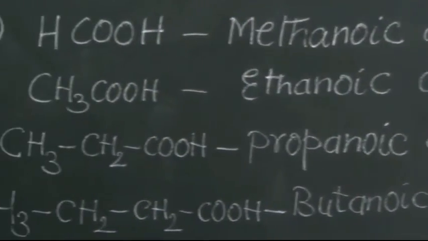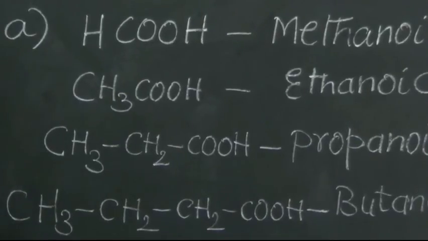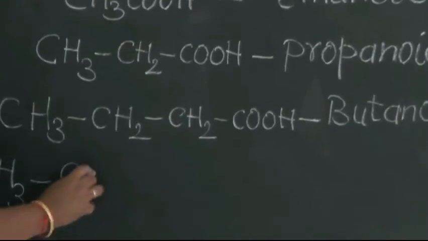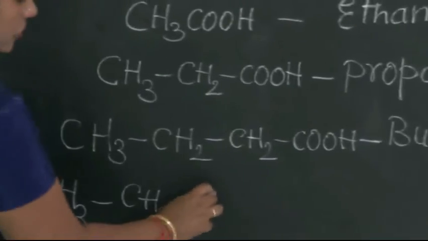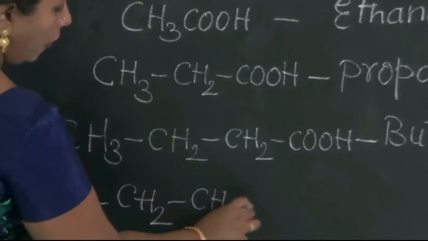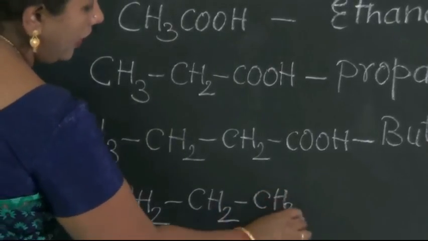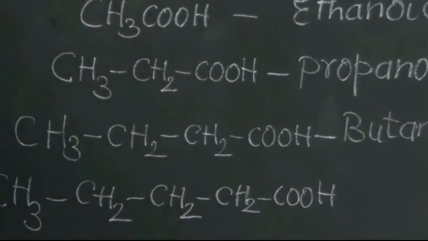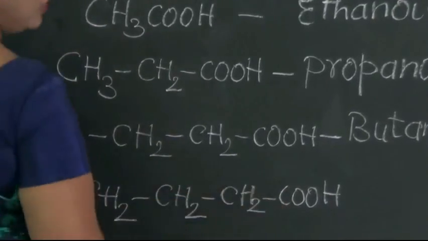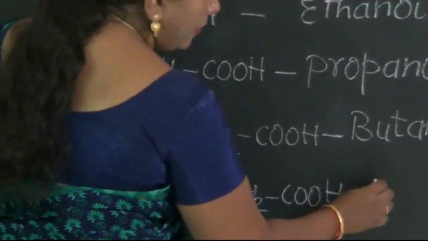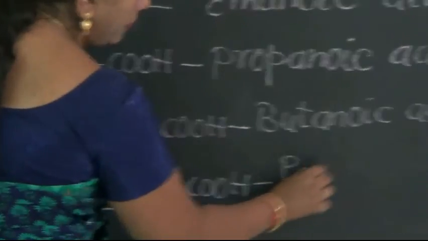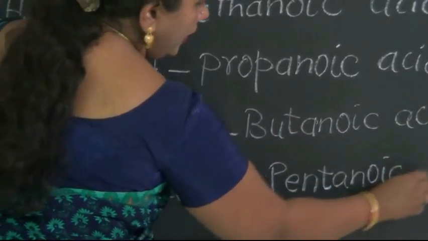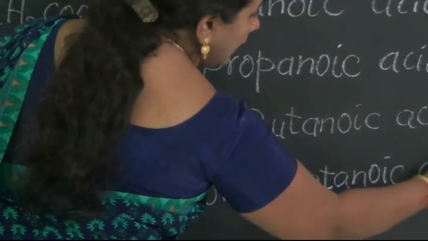To this you add one more CH2, then the next member we will be getting is CH3CH2CH2CH2COOH. As you can see, 1, 2, 3, 4, 5 carbon atoms are there, and carboxylic acid is the functional group. So therefore, the name of this compound would be pentanoic acid.